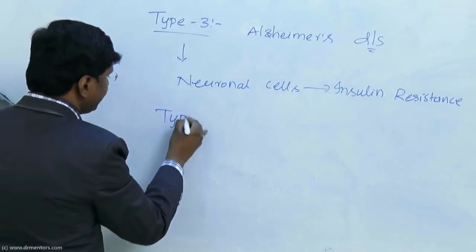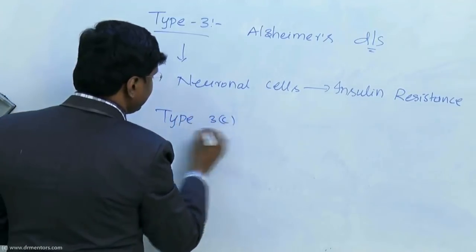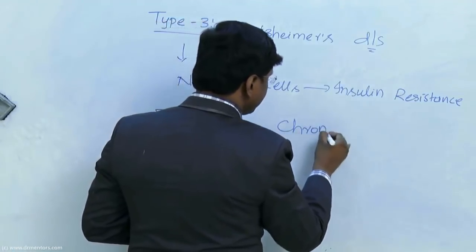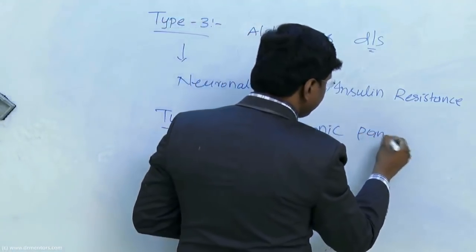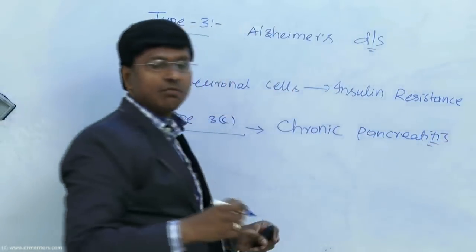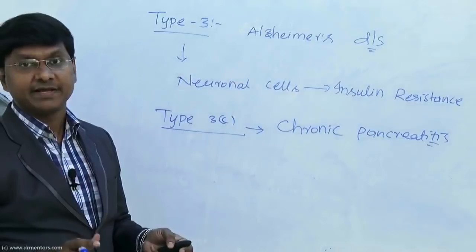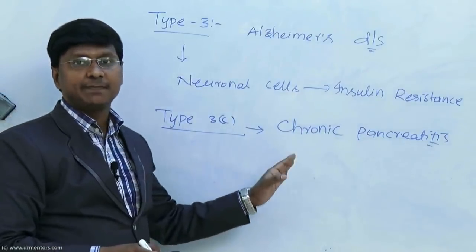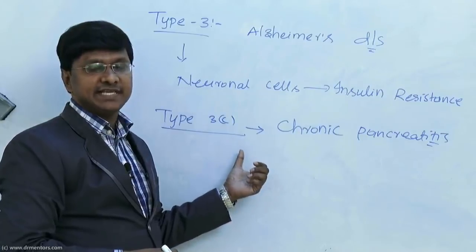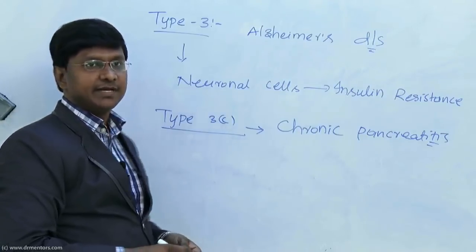Next, we have type 3C diabetes mellitus. This type 3C diabetes mellitus is seen in patients with chronic pancreatitis, whatever might be the reason for the pancreatitis. So in patients with chronic pancreatitis, remember, they will have type 3C diabetes mellitus.